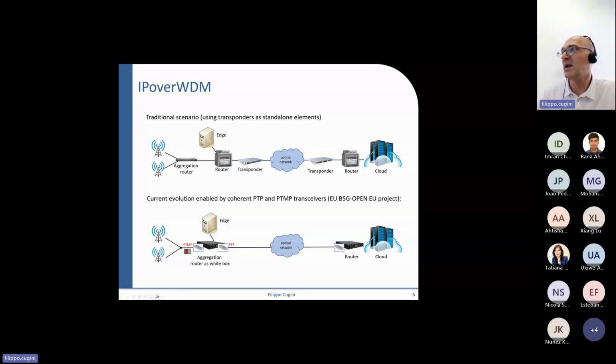So we had a lot of dedicated pieces of hardware, very effective in transmitting signals through an optical network towards additional routers up to the cloud. On the access side, we typically had aggregation routers that enable connectivity to cell-site gateways and antennas for 4G and 5G. These are traditional scenarios that use transponders.